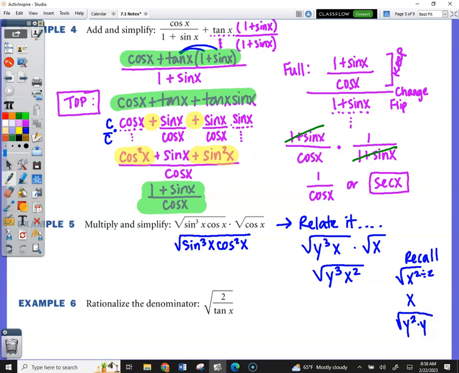I pulled a 2 out because it's to the 3rd power, and the square root of y squared is y. The leftover is an odd number, I can't do anything with it, so it stays under the radical. You already learned this. You may be freaking out, but you just haven't practiced it since the last math class where you used it. There is another technique. Let me show you.